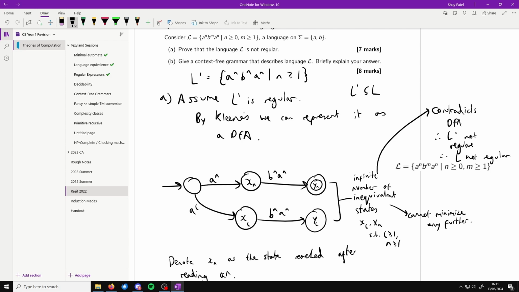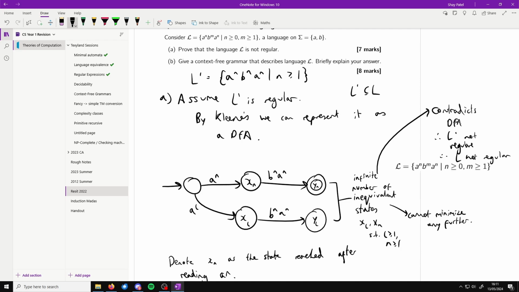This is actually my first attempt at this, so that's probably why I've confused everyone. My bad. But essentially we've shown that that's not finite. So L prime isn't finite, hence L prime is not regular.